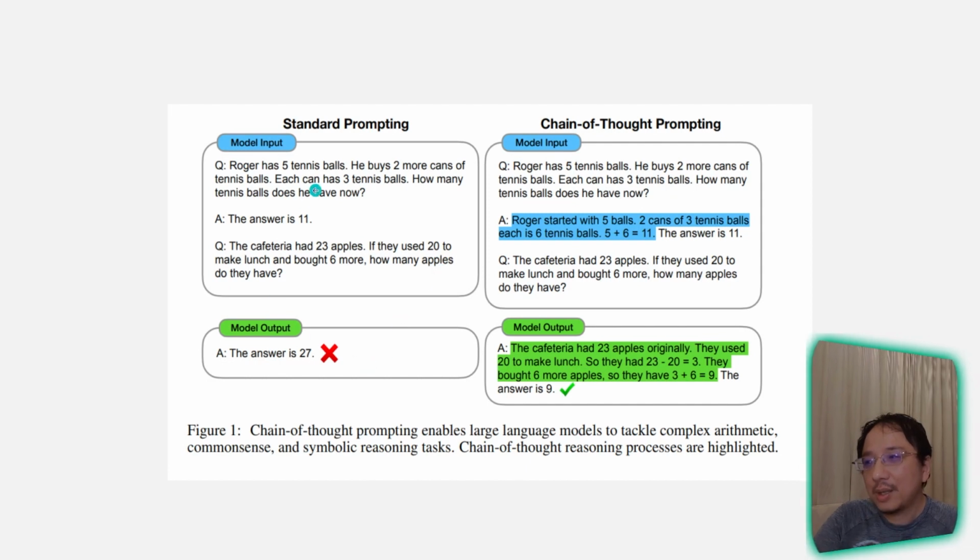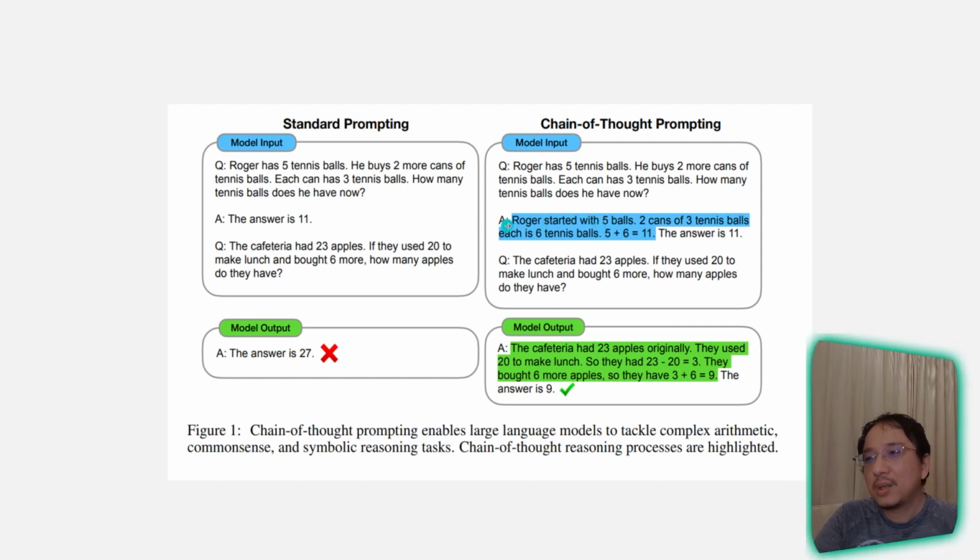It turns out, at least for the GPT-3 that the paper used, it doesn't output the correct answer unless the prompting is changed a little bit. The key difference is that the example answer does not simply give the answer itself.